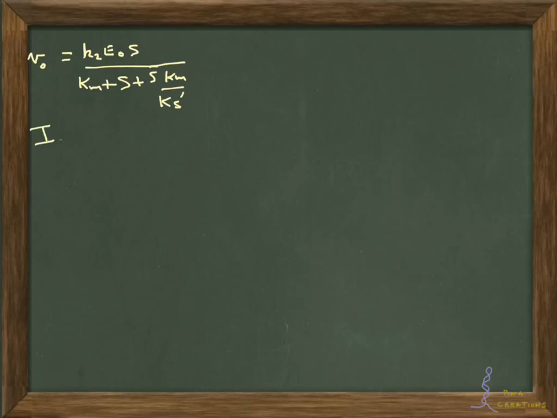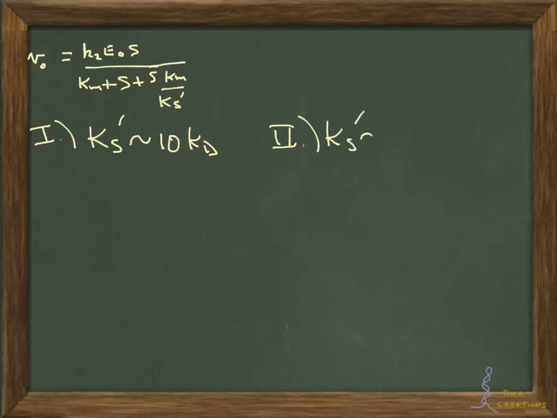So one, let's let Ks prime be about 10 times Kd. And then let's do a second case where Ks prime is about 1/10 Kd. So in other words, here it's weak because it's big. Big is weak. It's dissociation. And here it's strong.